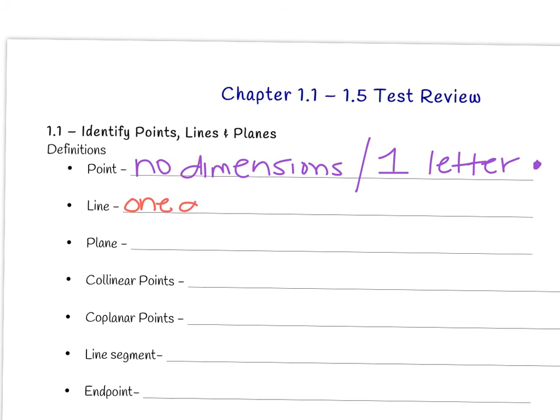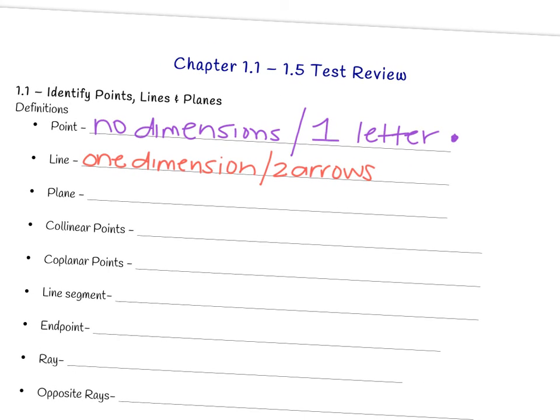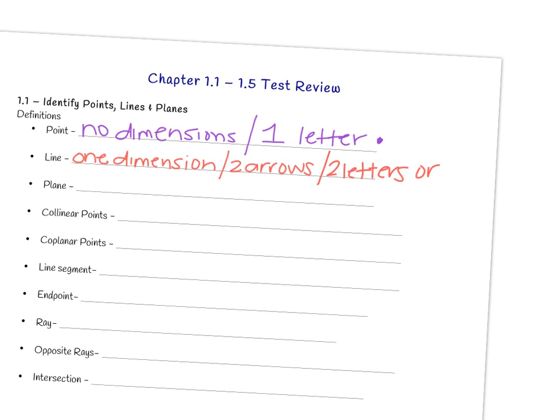A line has one dimension. Okay, it has two arrows. And we name it with two capital letters or one italicized letter or cursive letter.